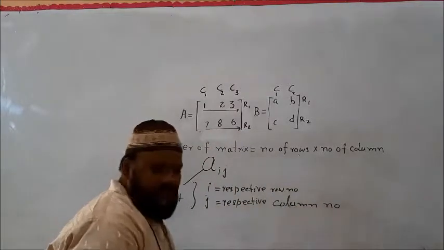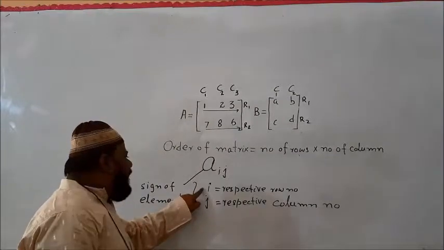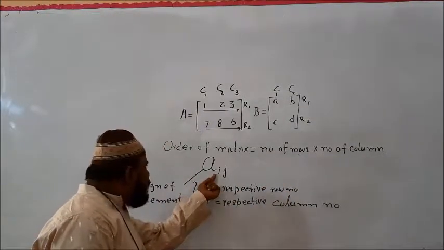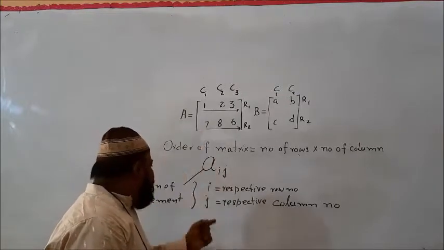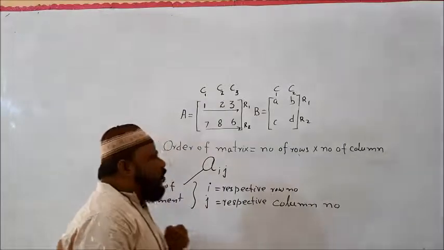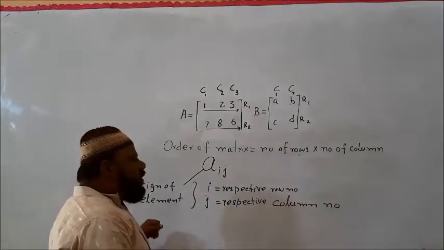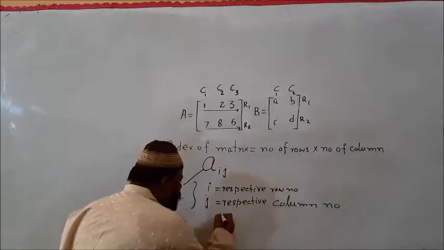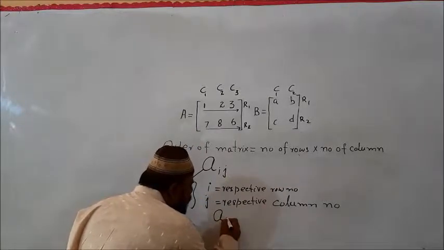Have you clear? I wrote here I respective rows. यानी respective जो भी rows है रो पे जाएंगे, and J respective column.